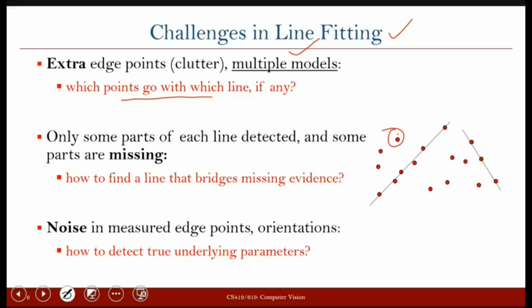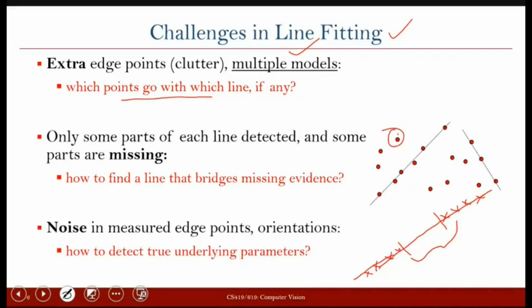Second, sometimes there is one line existing in the image, but it is difficult to detect that complete line continuously. For example, there are some points lying here like this, and some other points lying here like this. Though they all fall on the same line, there is a break here. You don't have any pixels for this duration. So how do we handle these missing points?